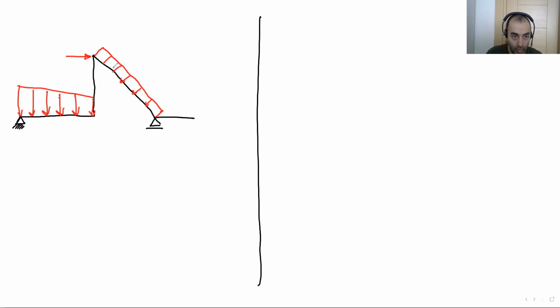This uniform distributed load is perpendicular to the beam here. And also here we have one more load. Okay, these are the loads.